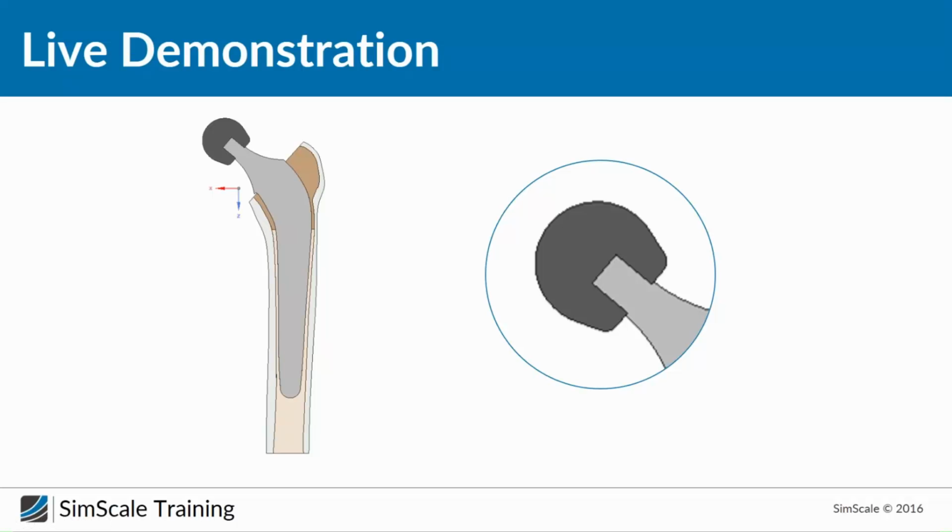So let's give a very quick and easy example. If we take a look at this connection between the femur head and the hip joint stem, we have 2 bodies here. And if we would not define a contact, they would just stick to one another, but without any force. But they are connected.